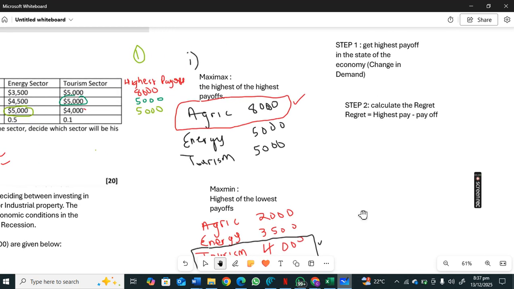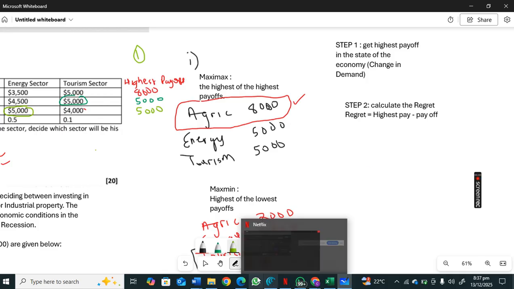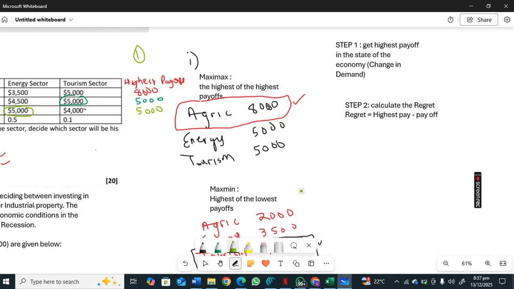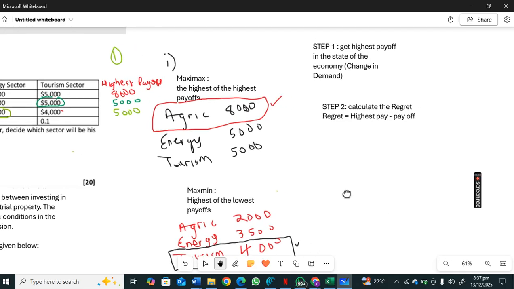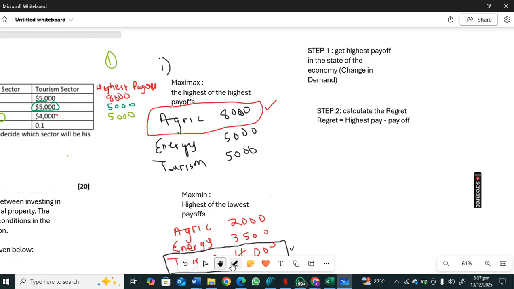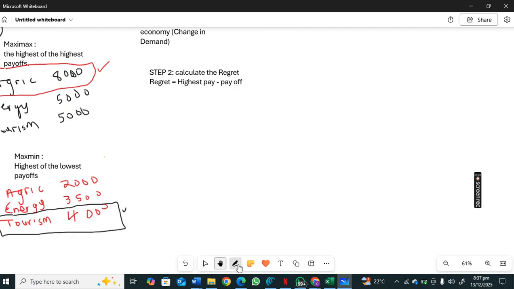So we make our regret table here. Just make a simple table here like this.